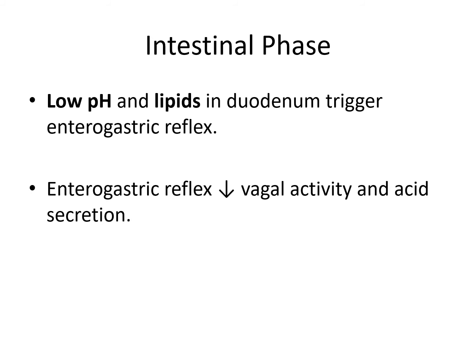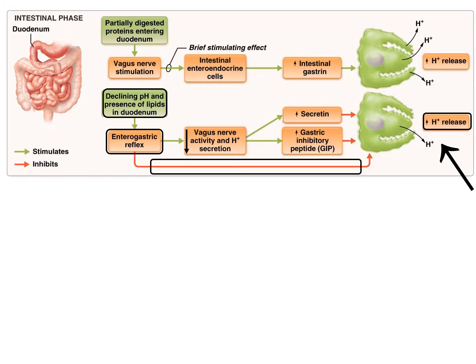Now, low pH and the production of lipids in the duodenum trigger the enterogastric reflex. Okay, the enterogastric reflex decreases vagal activity and acid secretion. So, of course, this is going to turn down acid secretion.